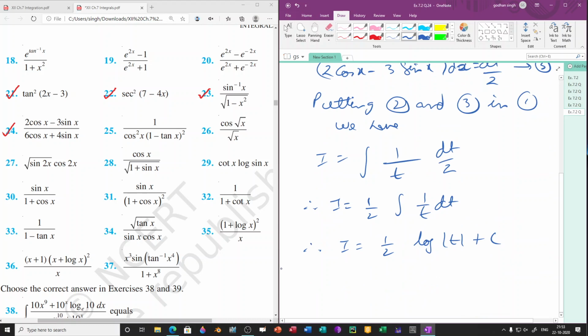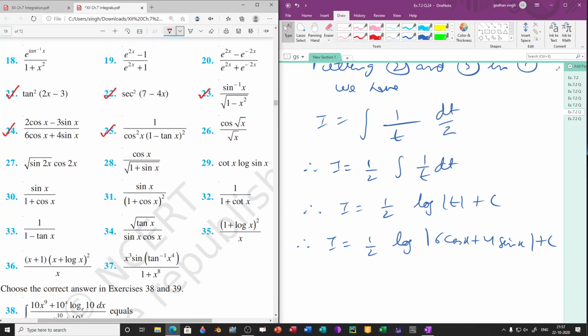So therefore I equal to half log modulus of 6 cos x plus 4 sin x plus c. So this is the solution of question number 24, and with this it is complete.